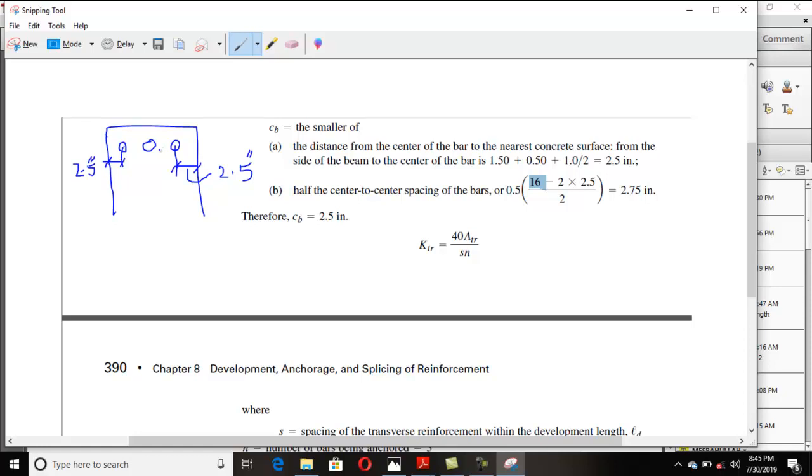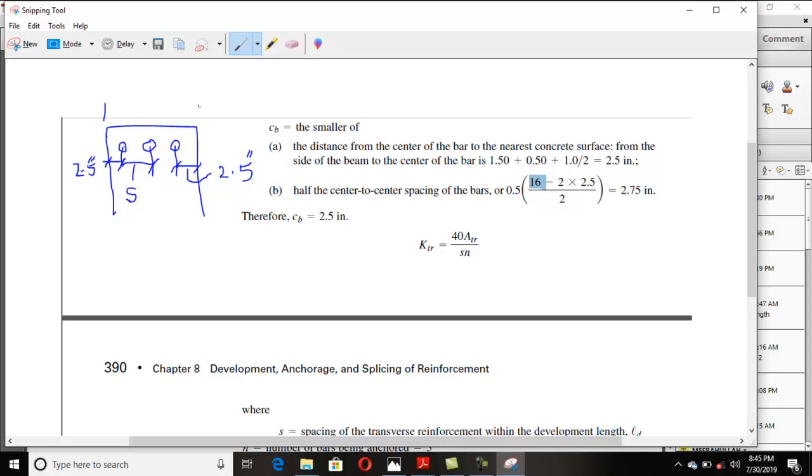Now what will be the center to center distance, what will be this s? You need to determine this s.